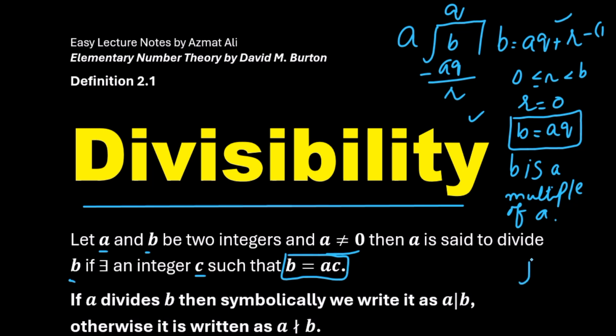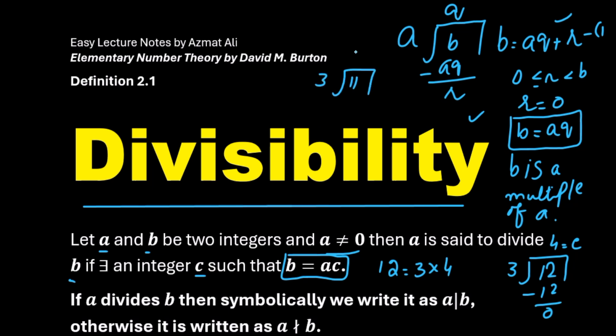When you divide 12 by 3, then we have an integer c which is 4 here, for which the remainder is 0. In other words, you can write 12 is equal to 3 into 4. But in case you divide 11 by 3, we have remainder 2. This shows that 11 is not exactly divisible by 3.